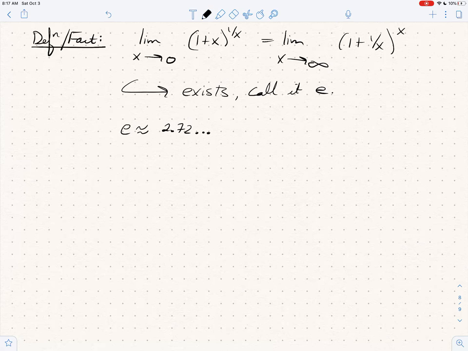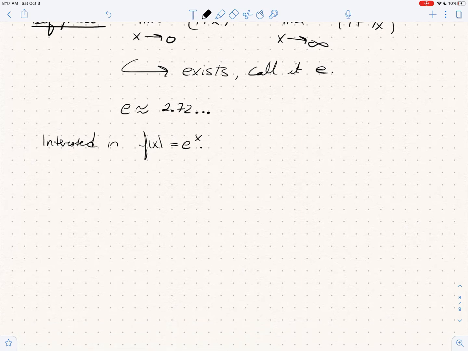But I just want you to realize e is bigger than 1. And so I can talk about e to the x. Let's say that we're interested in the function f of x equals e to the x. And so, of course, the limit as x goes to infinity of e to the x, you should instantly be able to say that's infinity. Why?